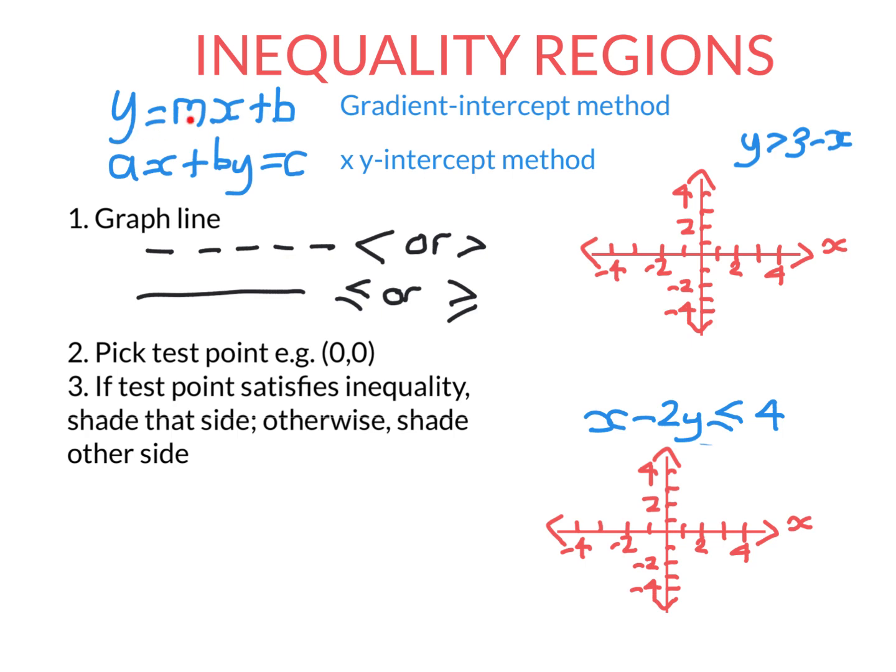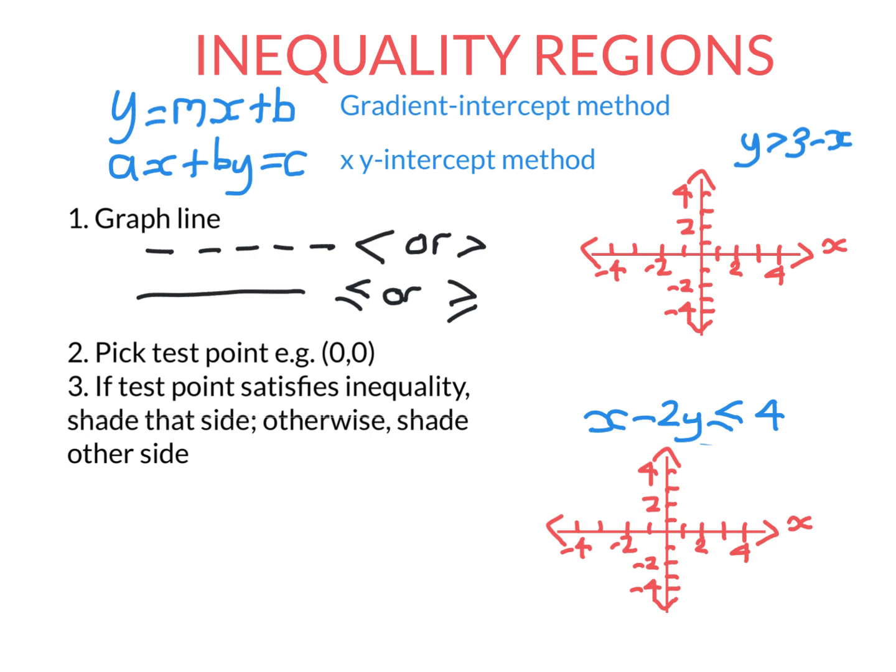If you have an equation of a line in the form y equals mx plus b, where y is the subject of the equation, then m, the number in front of x, is the gradient, and b is the y-intercept. To graph that line, you use the gradient-intercept method. You mark the y-intercept, use the gradient to find a second point and join them up.